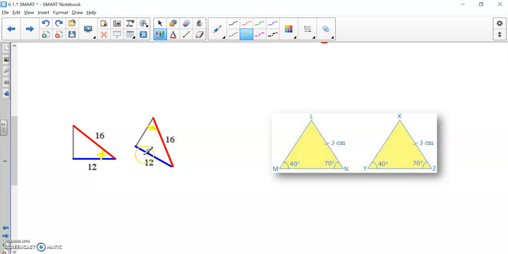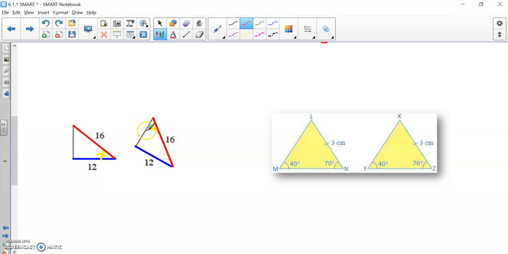So here's the thing we have to look for. After you look at this first picture, you might be inclined to say, oh, we got a side, an angle, and a side, so this should be SAS. But if you look at this triangle and look at the order, you'll notice that something is off. In here it goes blue, yellow, red; here it goes blue, red, yellow. The angle is actually not in between the two sides like it is here. It's after the two sides.